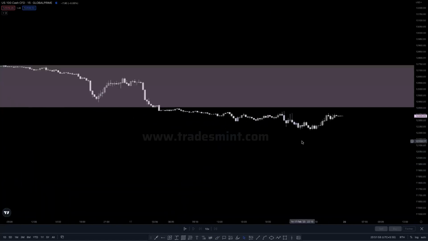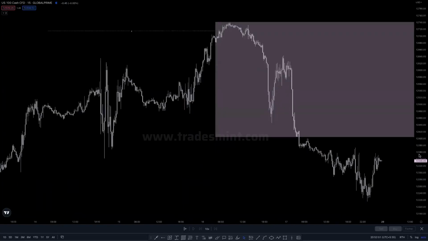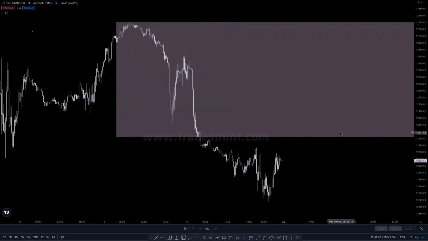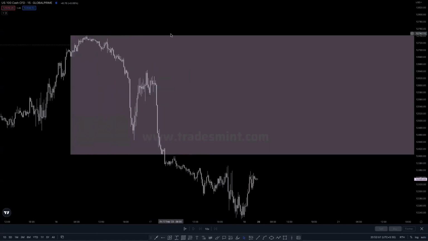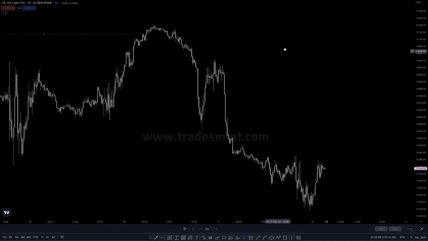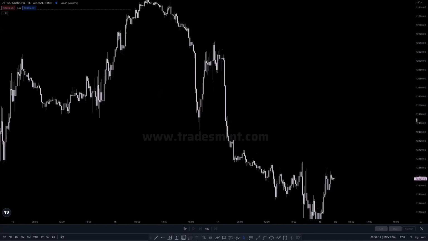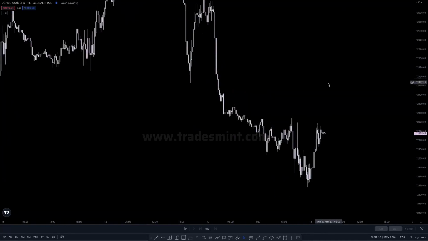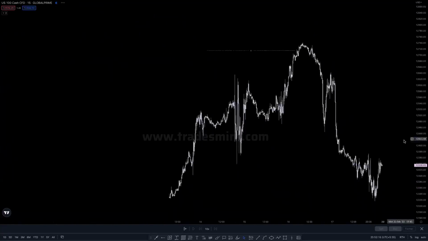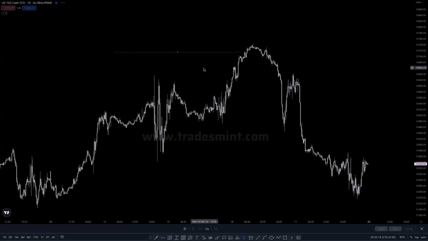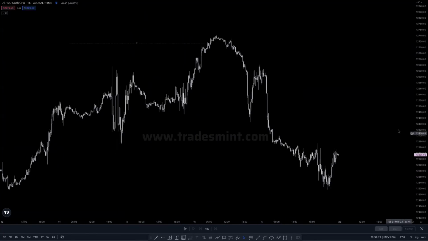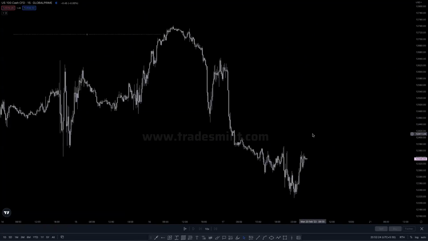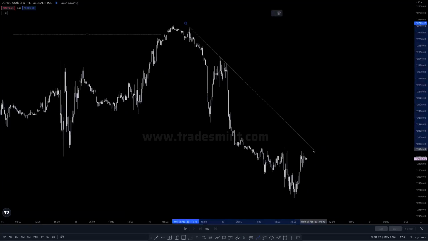Now check in a 15-minute time frame. In the 15-minute time frame, as you can see here, the previous day high is taken out, and then the market pushes downside, and we can sell after this trend line is broken here.